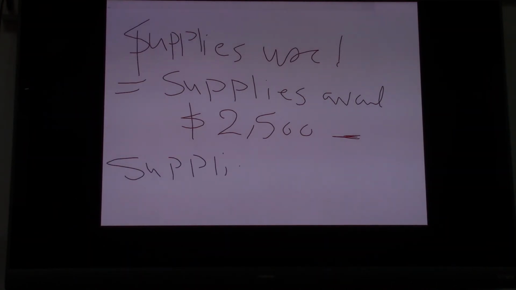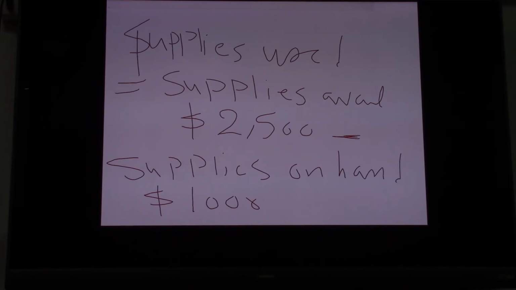We are given that we still have supplies on hand at the end of the accounting period of $1,000. So the difference between the total supplies available, $2,500, less supplies on hand, $1,000, means we used $1,500 of supplies.